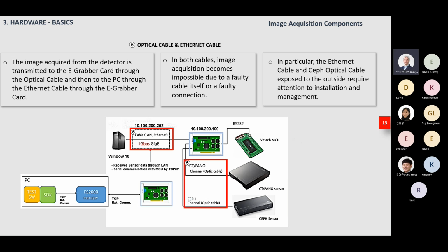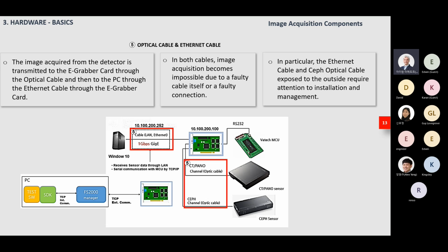In case of the optical cable and Ethernet cables, whenever there is a problem with these two cables, they also may cause image transmission and communication issues. So during the installation, it's very important to be careful whenever you make the first installation, and you will have to input those cables inside the Ceph arms.